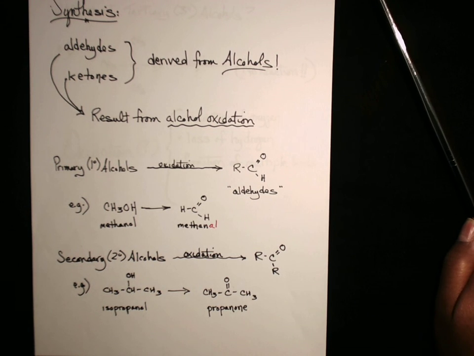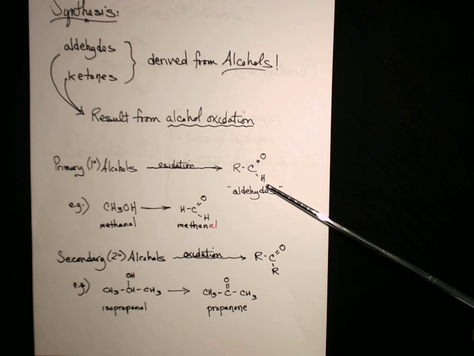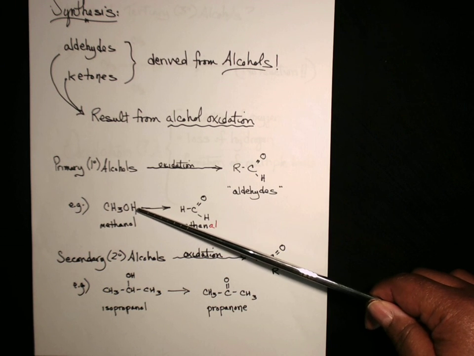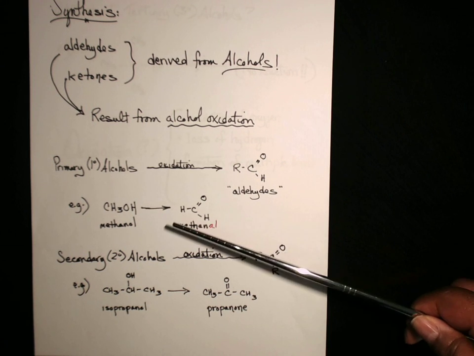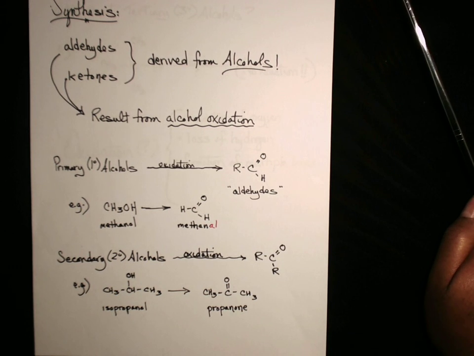Now, if you have a primary alcohol, oxidation will lead you to form an aldehyde. So, for example, if I start with methanol and I oxidize it, I'll come away with methanal.